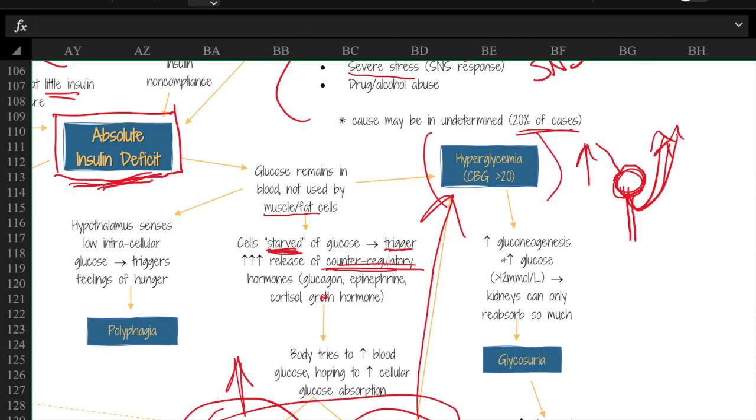However, the kidneys can only reabsorb so much glucose. So when your glucose gets to the point where it's very, very high, you will start to see this is not effective. Well, this is not enough.